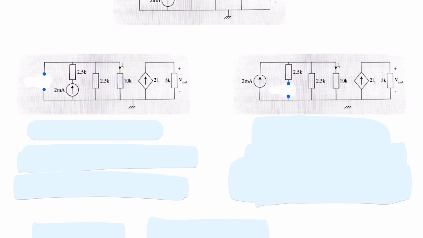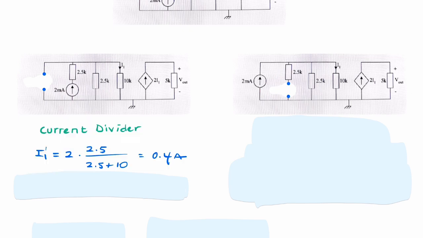Now it looks like we have 2 amps going up in this branch. This is an open circuit here, so nothing goes this way. So we have 2 amps going here, and then it's split between this branch and this branch. So we can use the current divider to find how much is going down this branch.